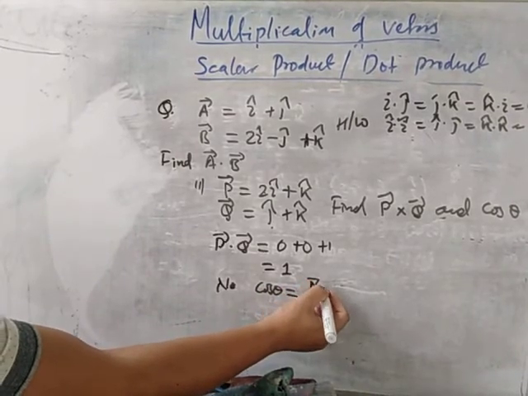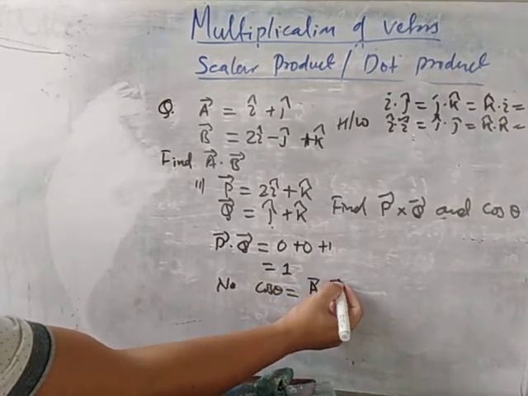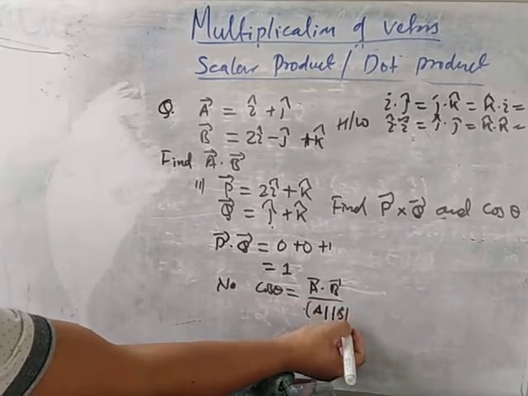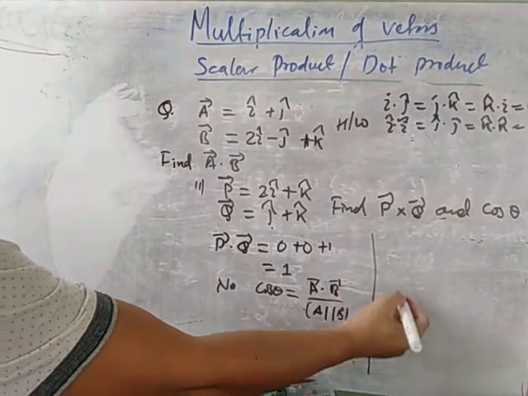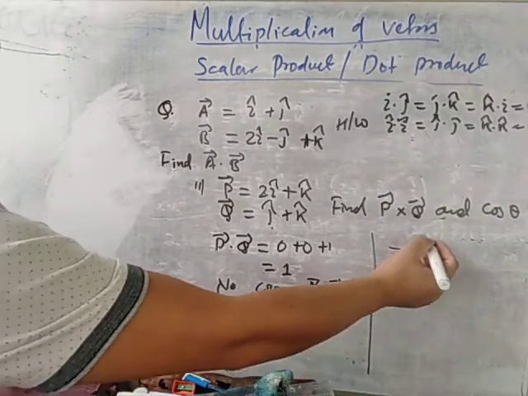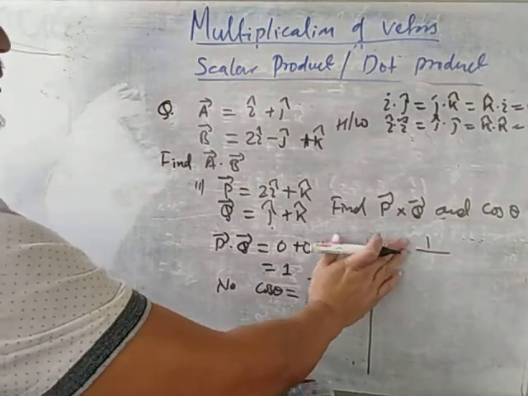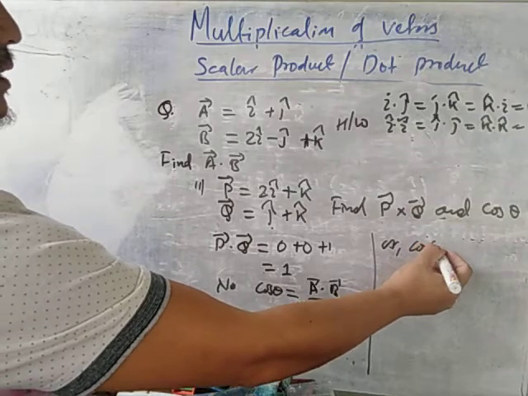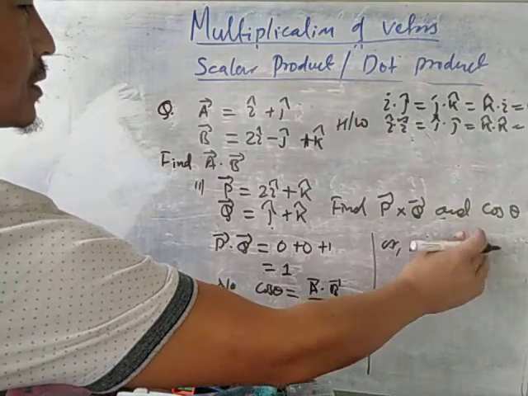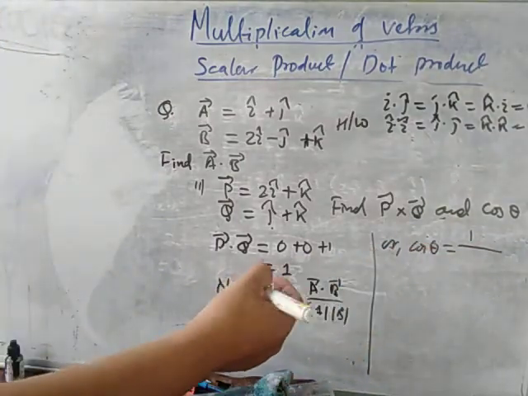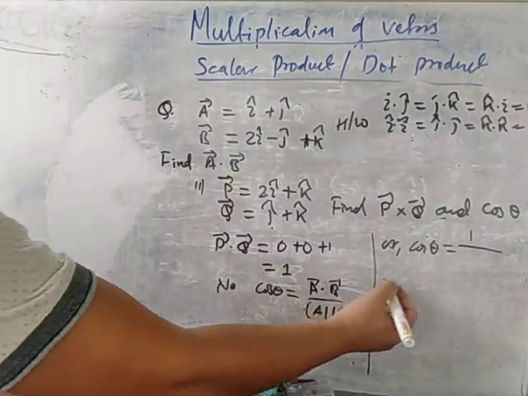Vector a dot vector b divided by mod of a mod of b, isn't it? So a dot b, how much did you get? 1. So cos theta equals 1 divided by mod of a.